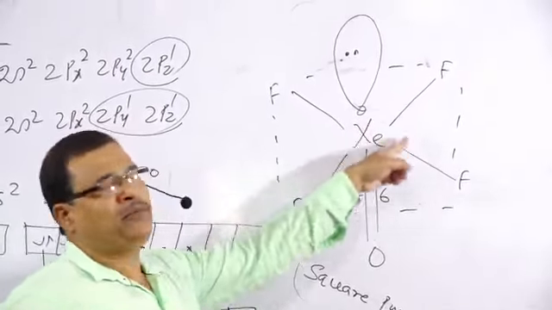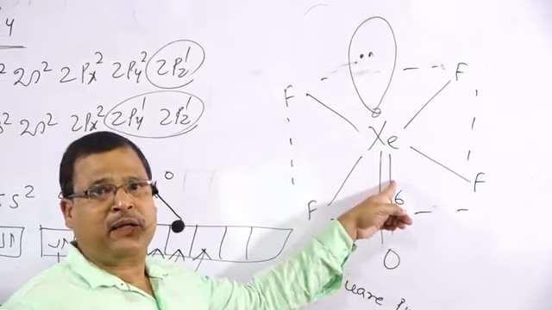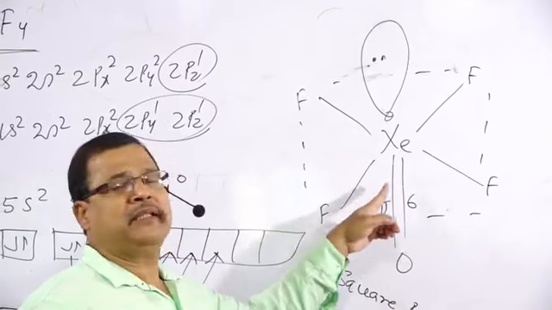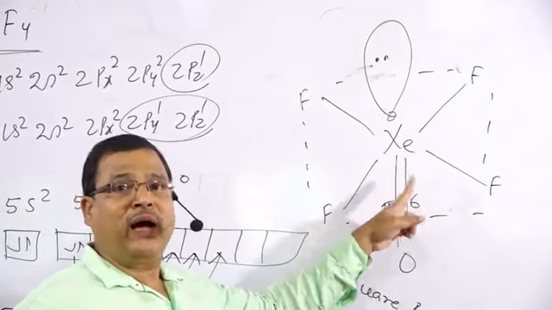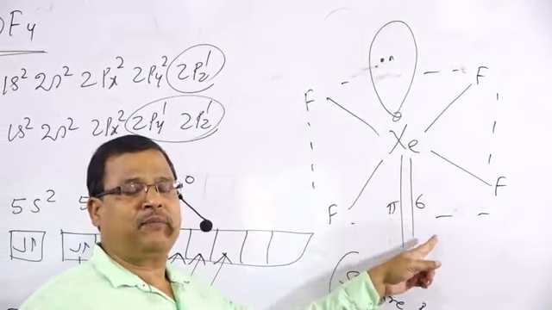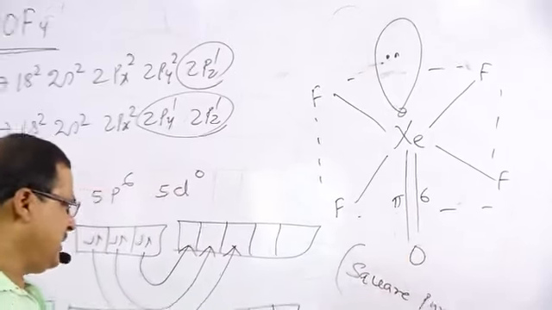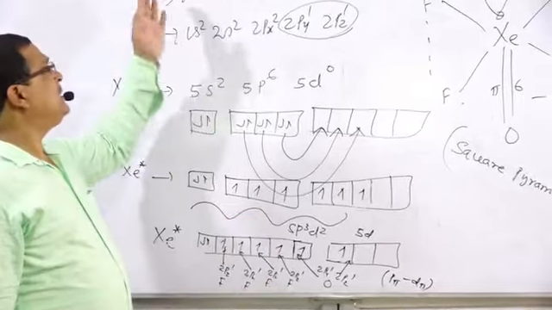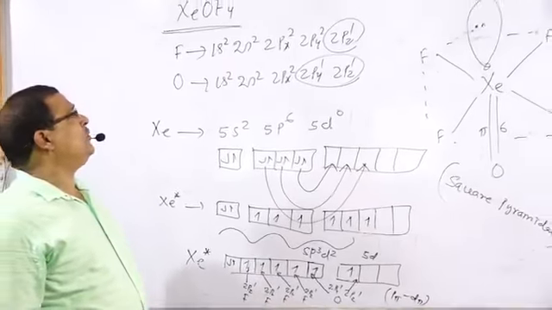That is 6 pairs of electrons. But among these 6 pairs of electrons, 5 pairs are involved in sigma bond formation, and 1 pair is involved in the pi bond formation by p pi d pi bond. So this is regarding XeOF4.